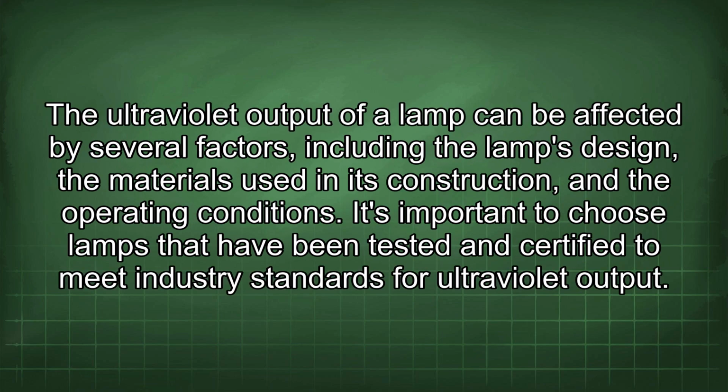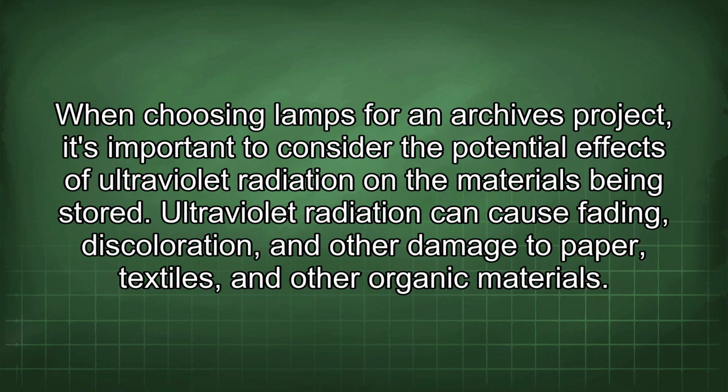The ultraviolet output of a lamp can be affected by several factors, including the lamp's design, the materials used in its construction, and the operating conditions. It's important to choose lamps that have been tested and certified to meet industry standards for ultraviolet output. When choosing lamps for an archives project, it's important to consider the potential effects of ultraviolet radiation on the materials being stored.